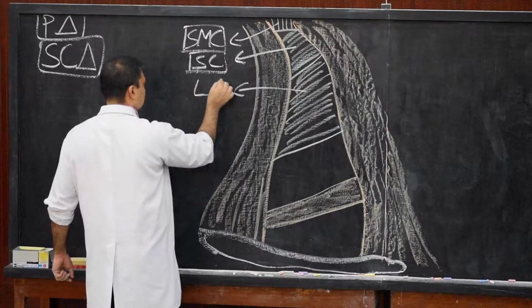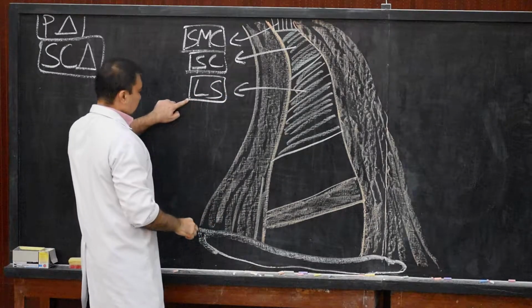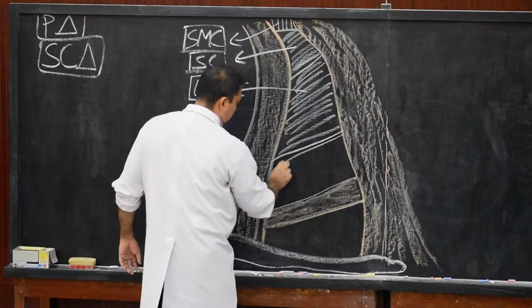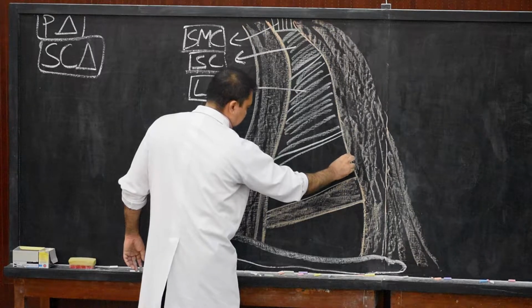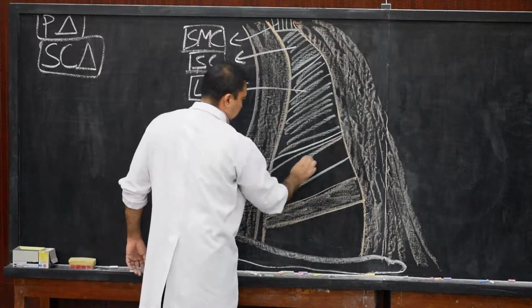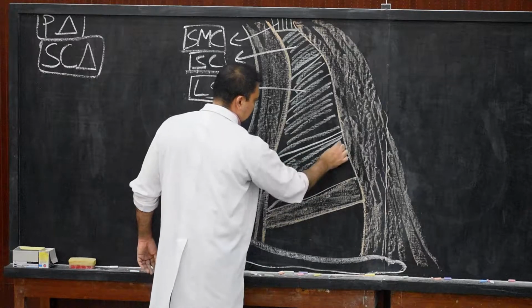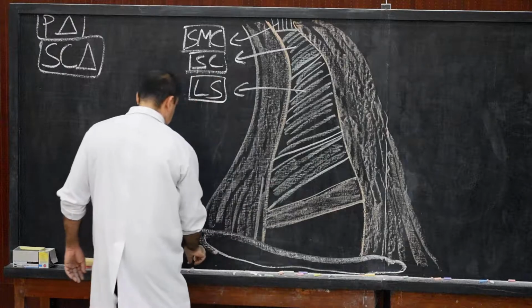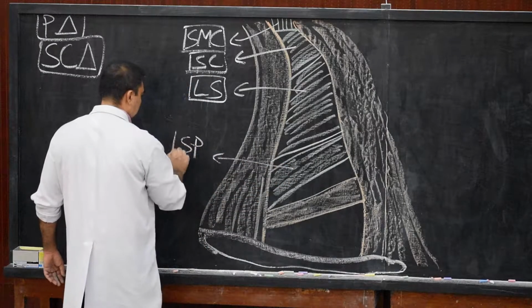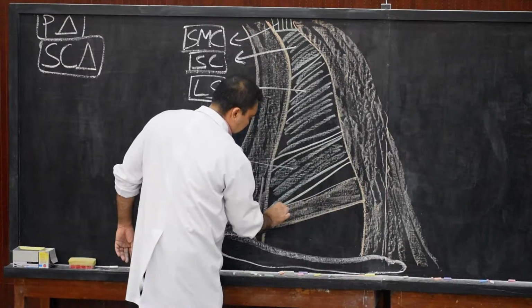So levator scapulae. Below that, we are going to mark the scalenus. Here we are going to mark this as scalenus posterior. So therefore, these are the fibers of scalenus posterior muscle. So therefore, we are going to mark this as scalenus posterior, and then we are going to mark scalenus medius muscle.